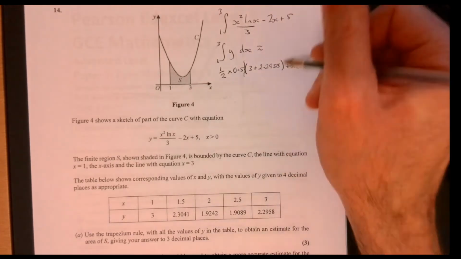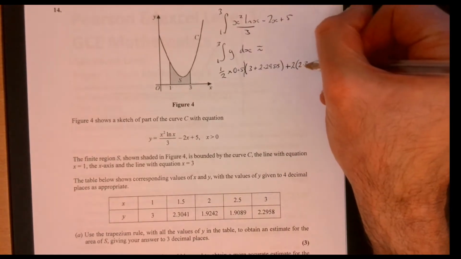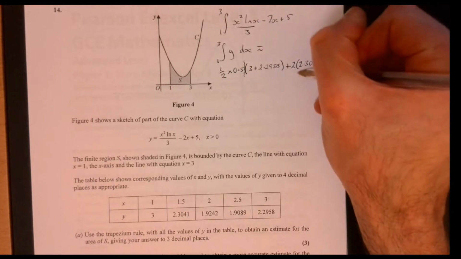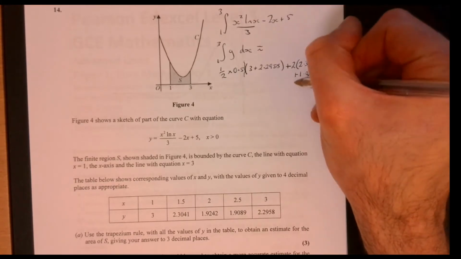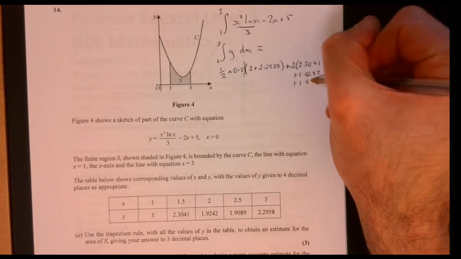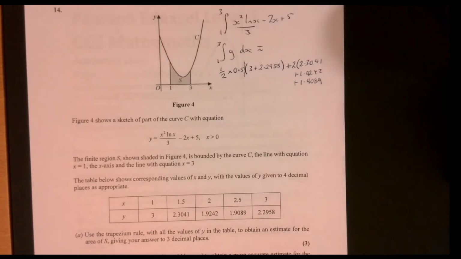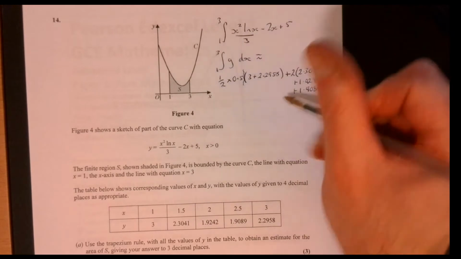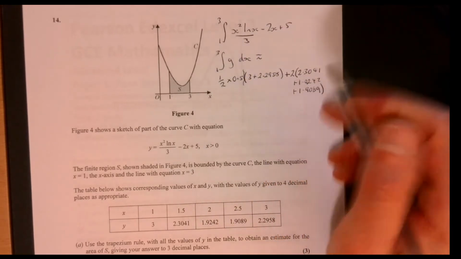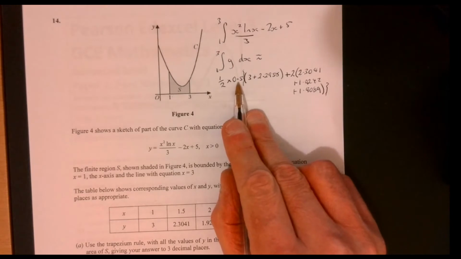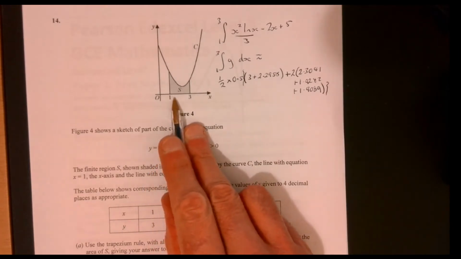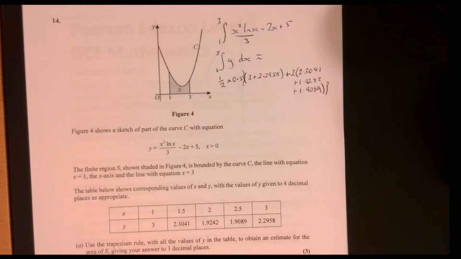You could do them all individually if you want to, but it's a lot easier to do it like this. Again, you're just going to pop this into your calculator and work it out from there. So we work out the answer to this, and then multiply it by half, because that's the width of the strips, and then multiply by half again.